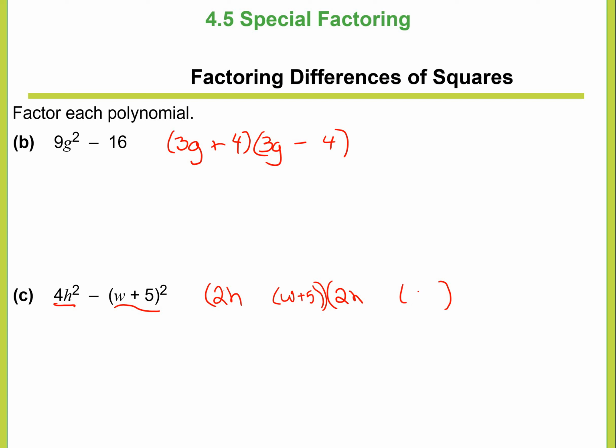Notice I'm putting it in parentheses, and that is especially important in the one with the minus in it, because I want to distribute that negative to the w and the 5. And then the other one, the plus, you can distribute it, but it doesn't change anything, so that just stays w plus 5.